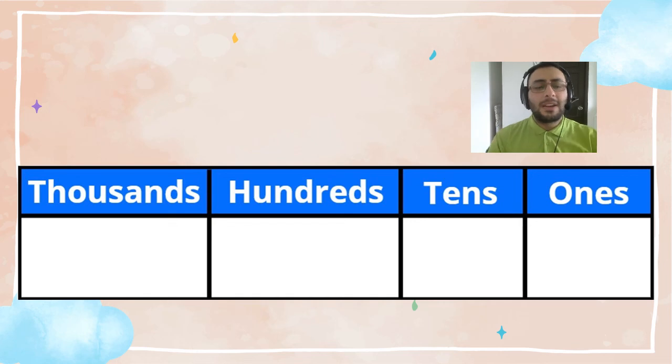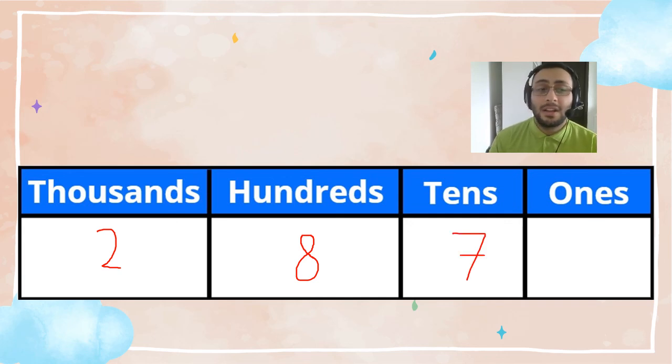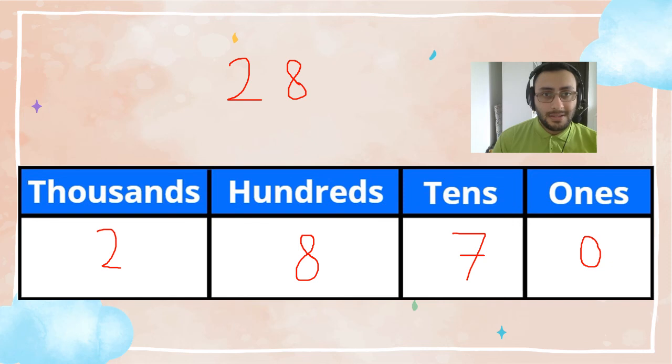So, let's make up a number, okay? Let's say I want to put 2 in the thousands. What else? I want to put 8 in the hundreds. I want to put 7 in the tens. And I want to put 0 in the ones. So we just made a number. Let's write it first and then read it. So 2, 8, 7, 0.